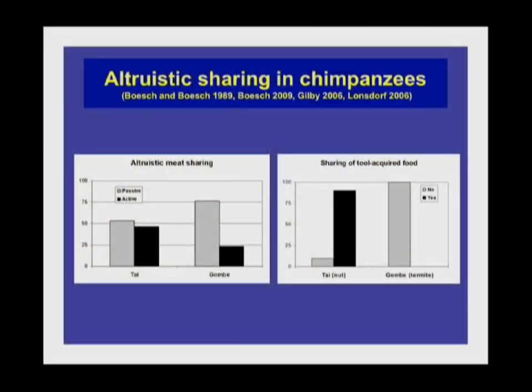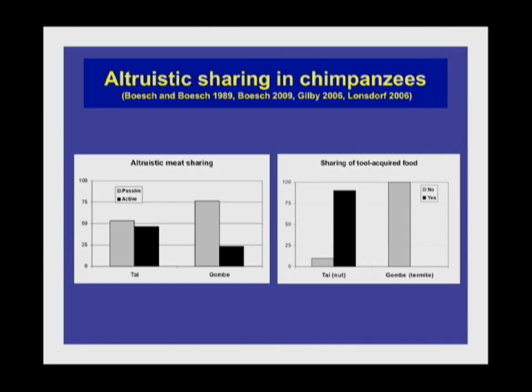And the fascinating aspect in Gombe chimpanzees is that meat sharing is explained through harassment, in the sense that the beggar would make gestures preventing the meat owner from eating. And we have never seen that in Taï chimpanzees.